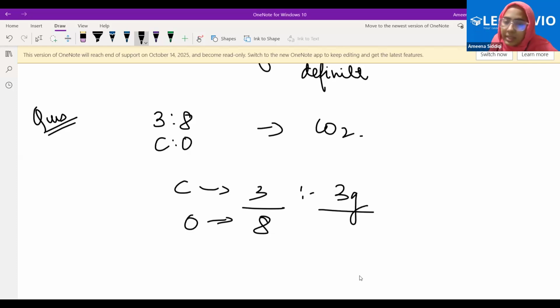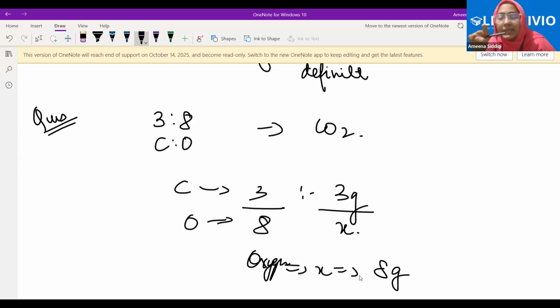No, you see here. When we have 3 grams of carbon, it will react with some amount of oxygen. And what is that amount? We get that amount as 8 grams only. Even though we have 50 grams, only 8 grams of that will react with carbon, because carbon is 3 grams.